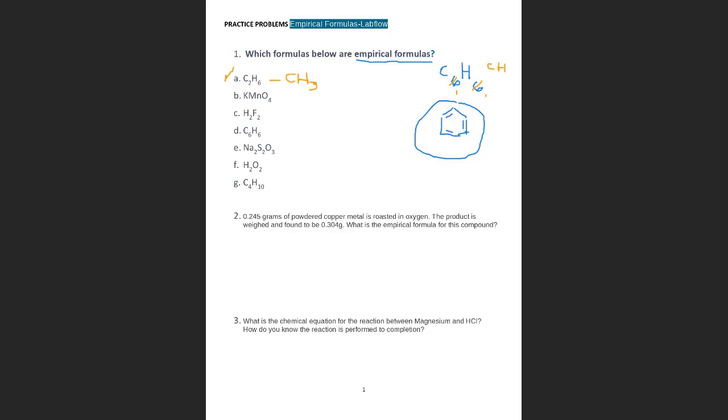Is this an empirical formula? Potassium permanganate. Is this an empirical formula? Can I find a number that I can divide? It is an empirical formula. Great. Awesome, John. Let's look at the next one. Is this an empirical formula?